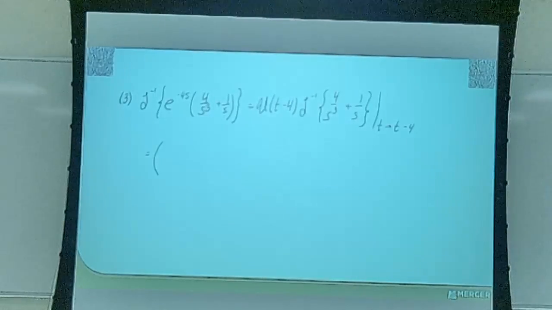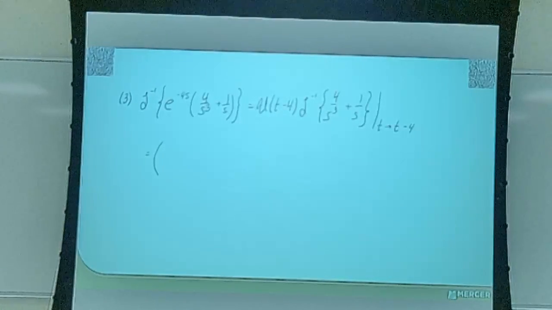Because the transform of t to the n is n factorial over s to the n plus 1, right? t squared means n is 2. So the transform of t squared would be 2 over s cubed. That's 4 over s cubed. So it's not 4t squared, it's half of that.